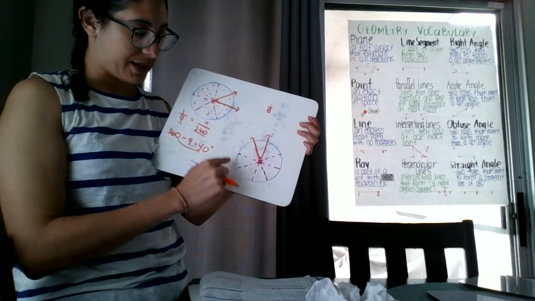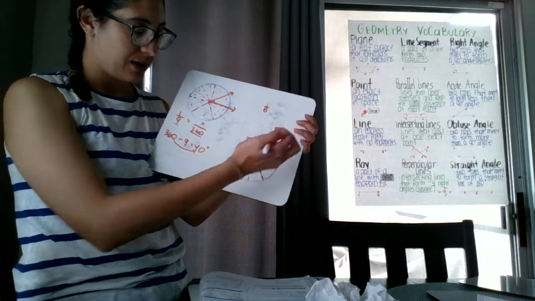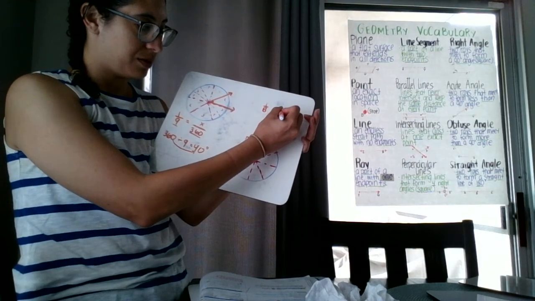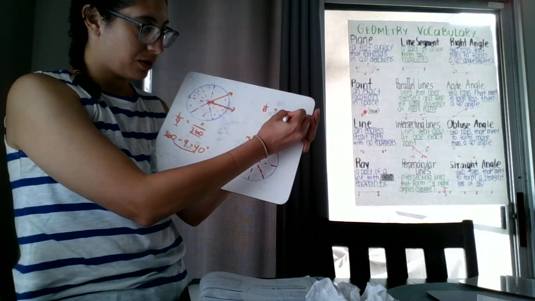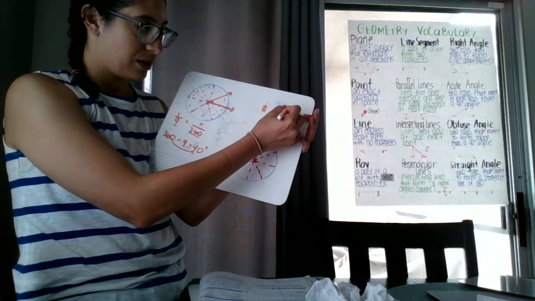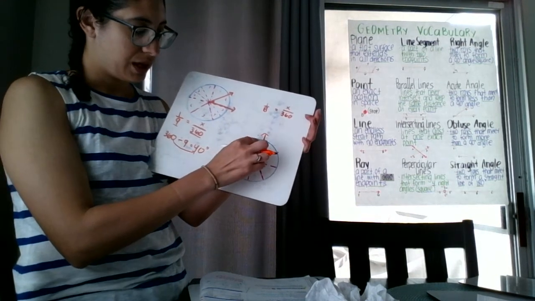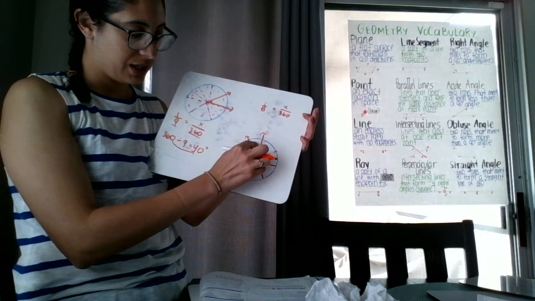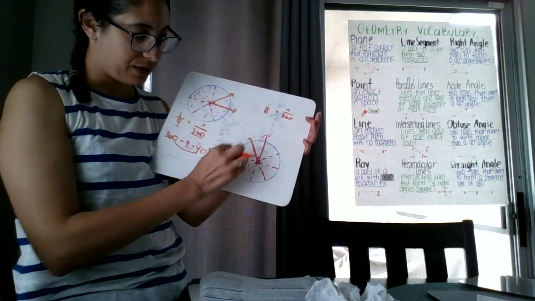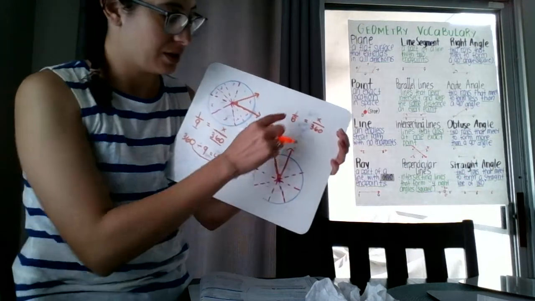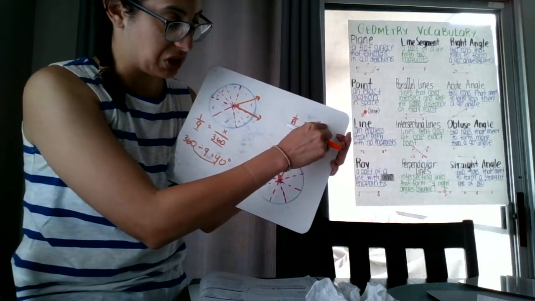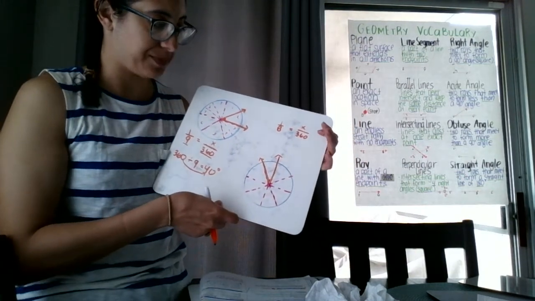I know that my entire thing is equal to 360. So I need to figure out how much this is out of the 360. So I have 1/8 is equal to something out of 360.